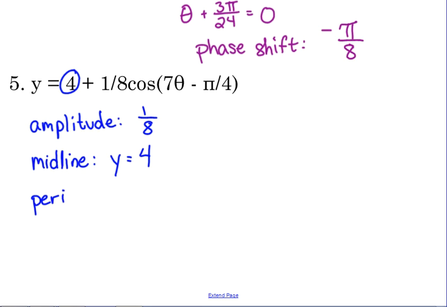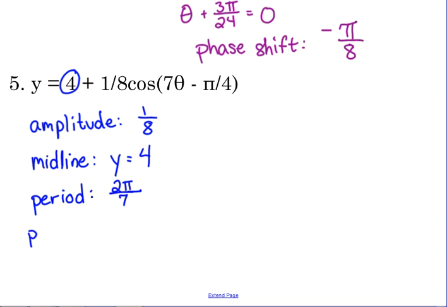The period. 2 pi divided by that coefficient b, which in this case is 7, and 2 over 7 does not simplify, so it's just 2 pi over 7. Again, much, much shorter period than our standard.